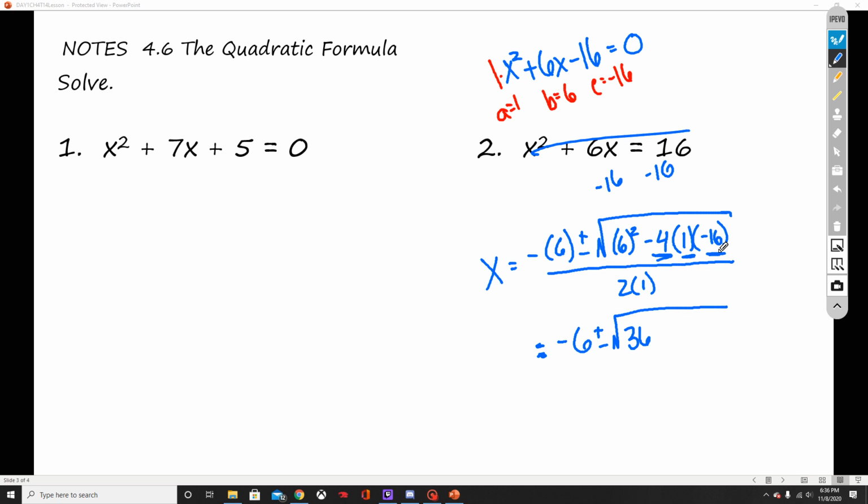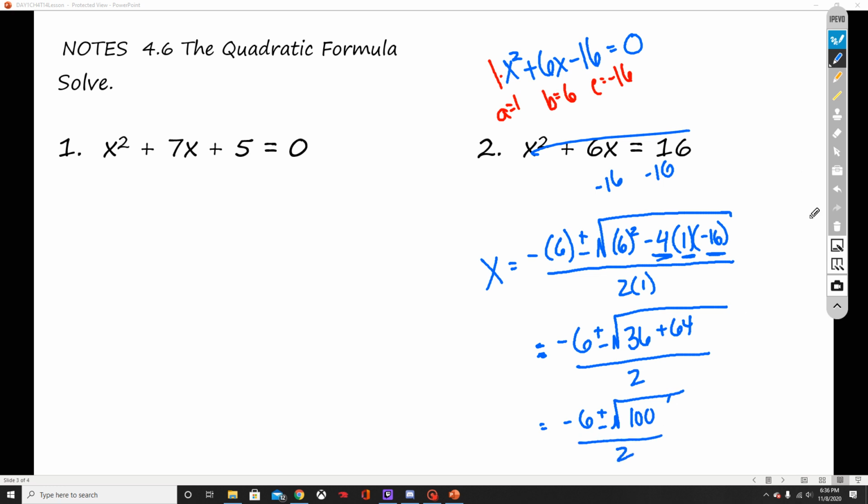Negative 4 times 1 times negative 16 is 64. So this is plus 64. And then this is all over 2 times 1, which is 2. Okay, well now we can simplify what's under this radical, because that becomes plus or minus the square root of 36 plus 64, that's 100, over 2.